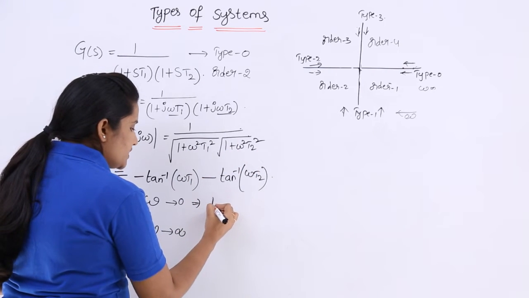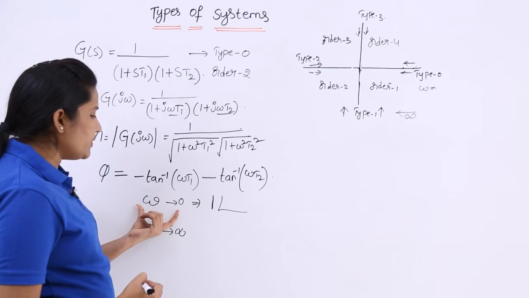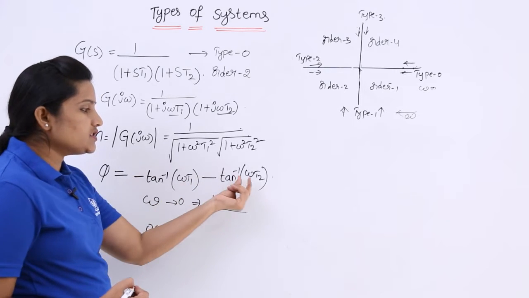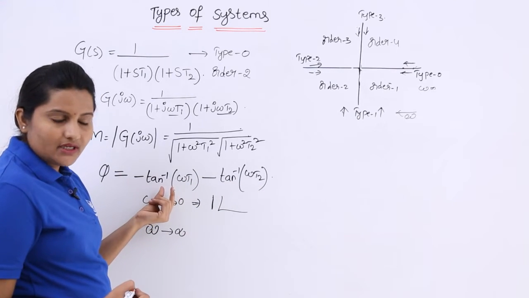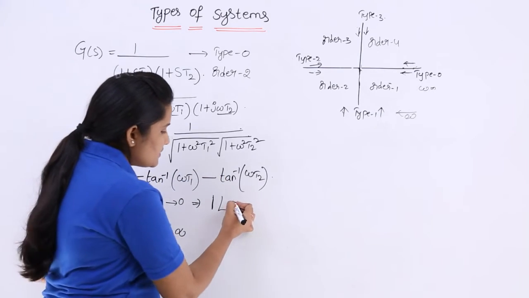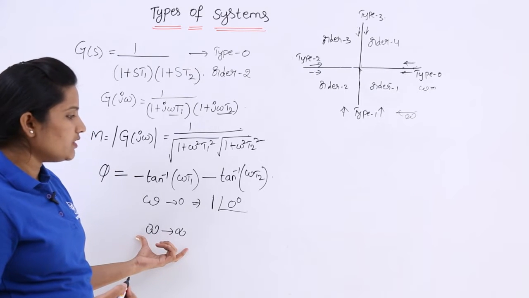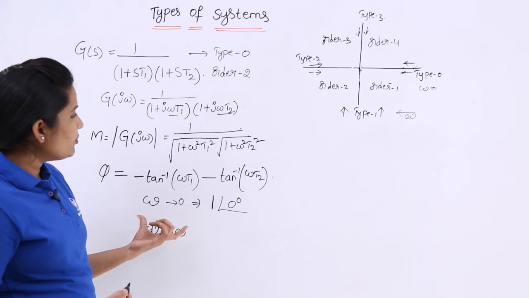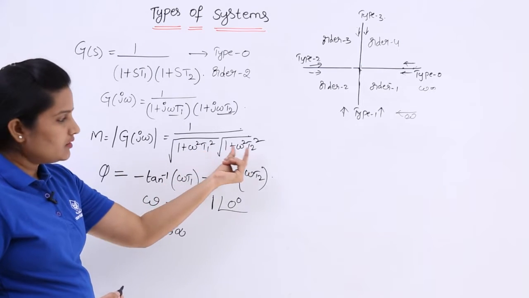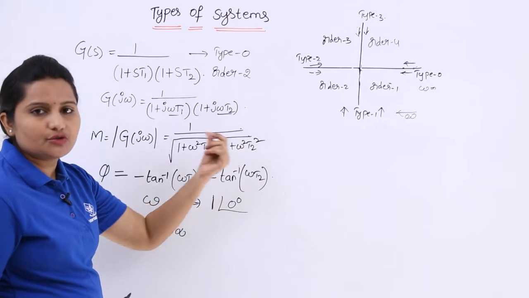The magnitude will be 1. Coming to the phase angle at omega equal to 0, tan inverse 0 means minus 0 degrees, so this is 0 degrees. Now coming to omega equal to infinity, omega T1 is infinity and omega T2 is infinity.